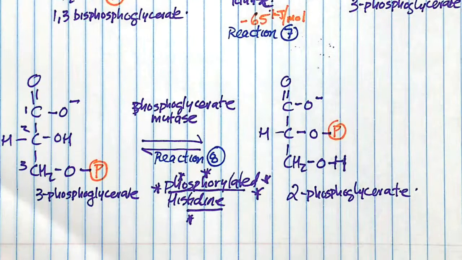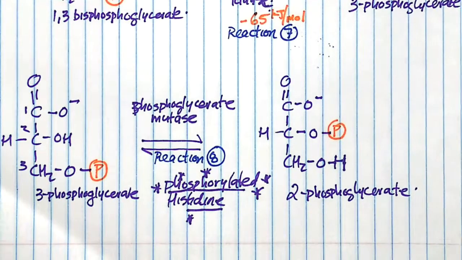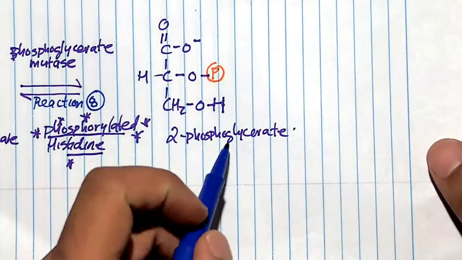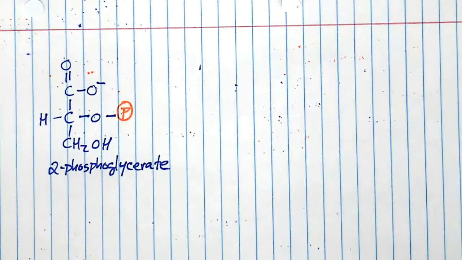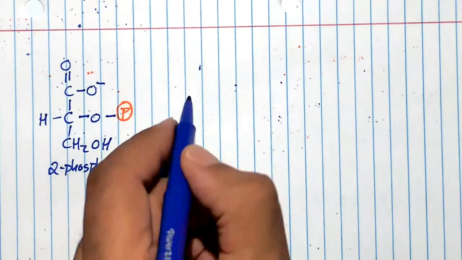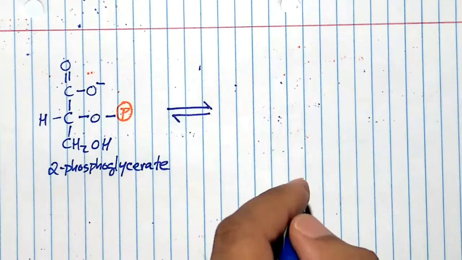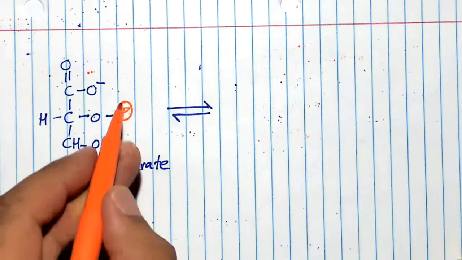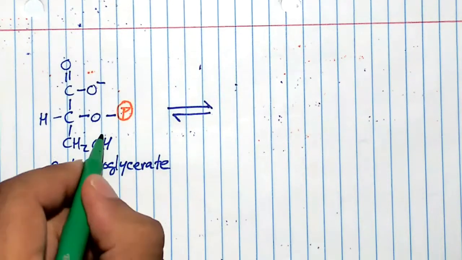Let's go to reaction 9 of glycolysis. We take 2-phosphoglycerate, and in reaction 9, we make the high-energy molecule phosphoenolpyruvate. So let's draw that. Here's 2-phosphoglycerate from the previous reaction, and it is going to get converted to the high-energy molecule phosphoenolpyruvate. Essentially, this hydroxyl group is going to leave as a water molecule.